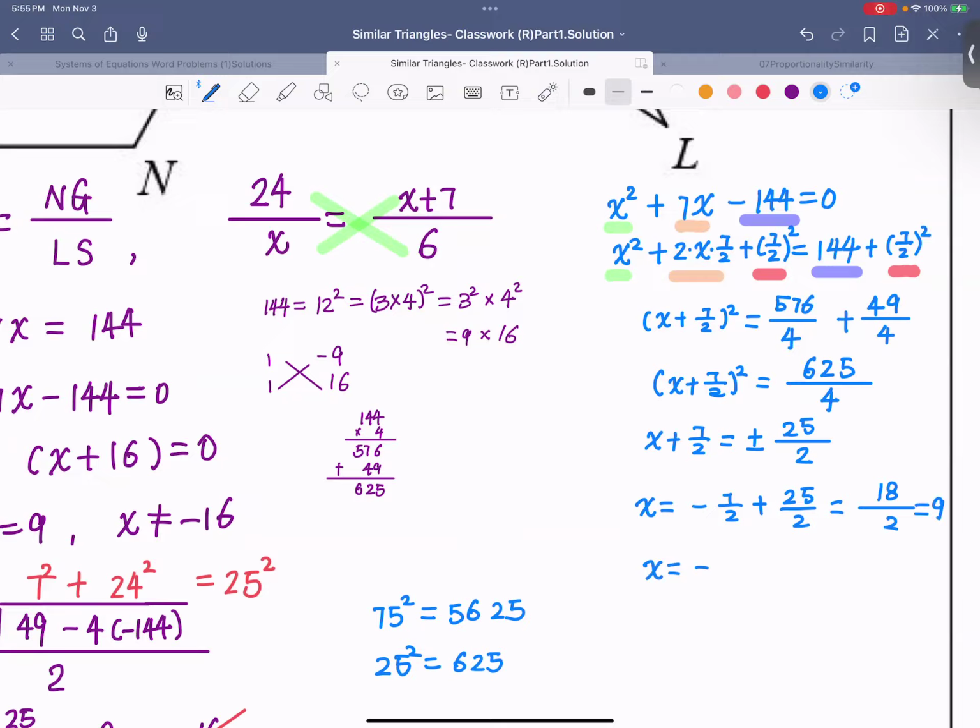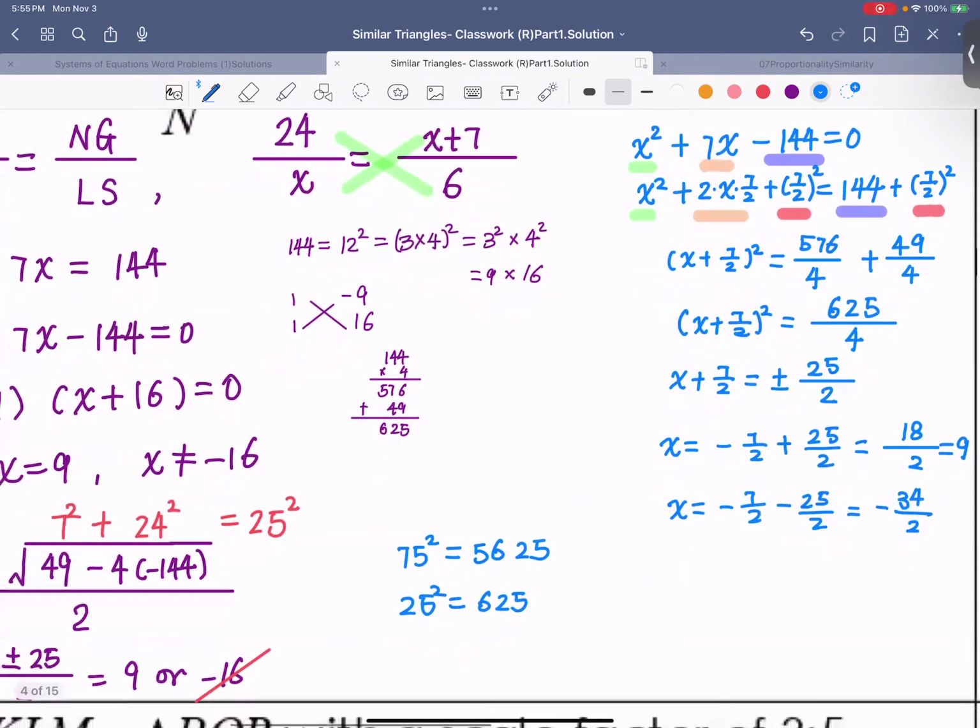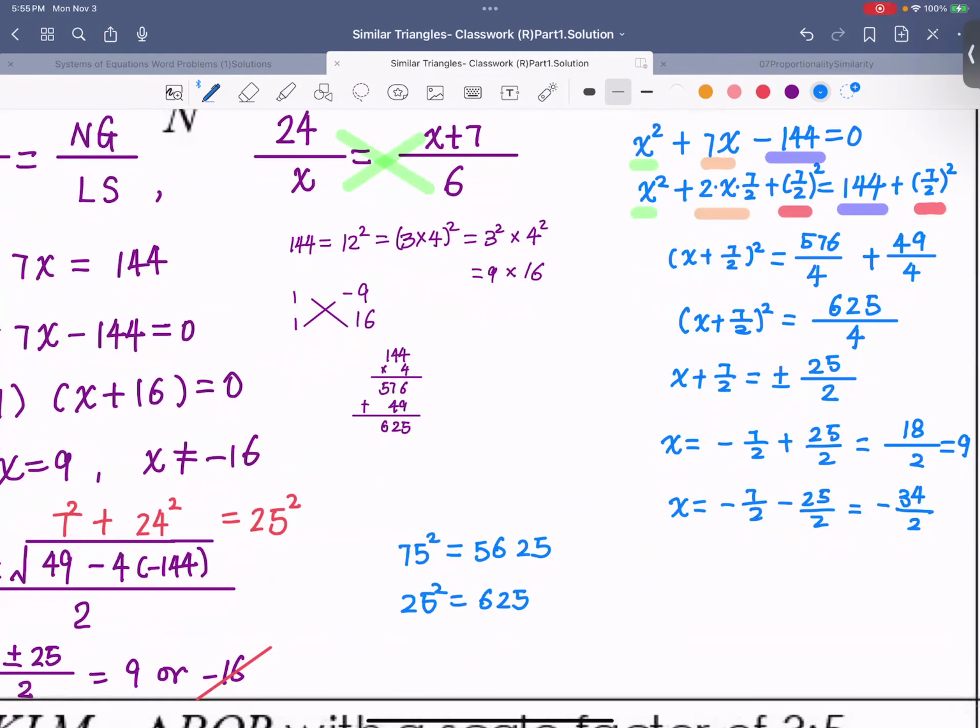And you have the other one, which is negative 32 over 2. Oh, I have a typo. Which is negative 16. Okay?